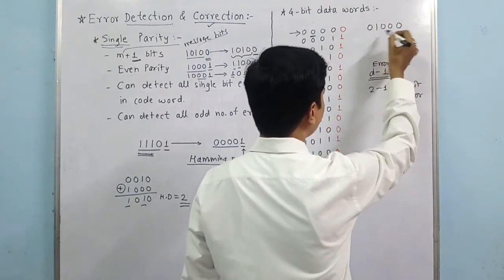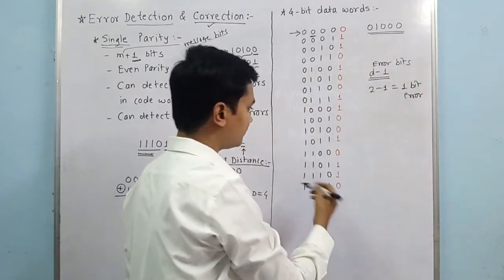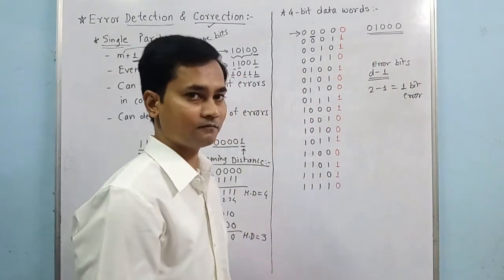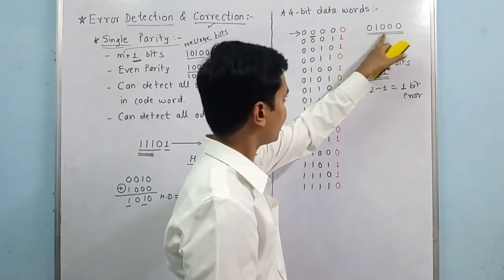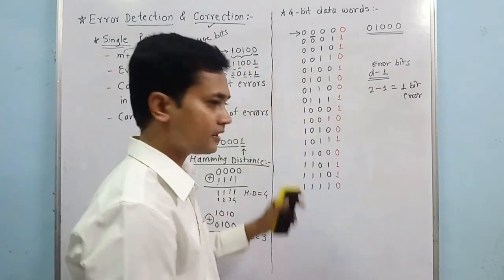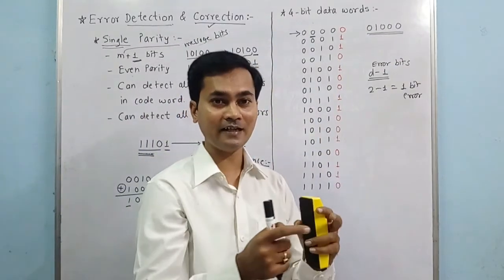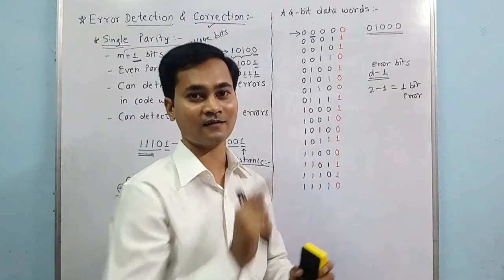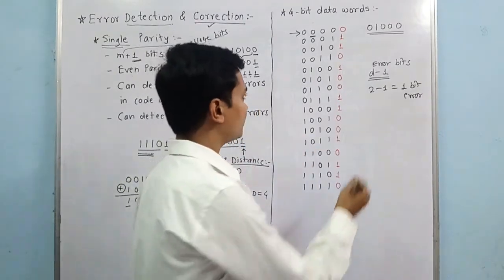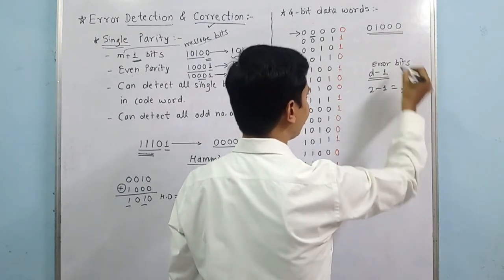Here you can check whether the value 0 1 0 0 0 is available in all these combinations. No. So in this case, the receiver will detect that there is an error. That's why D minus 1 bits can be detected.